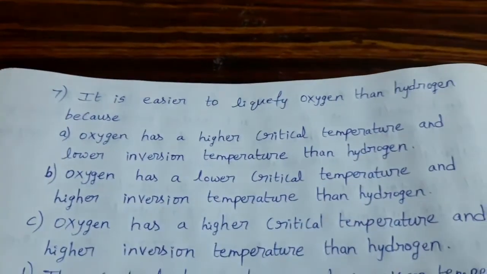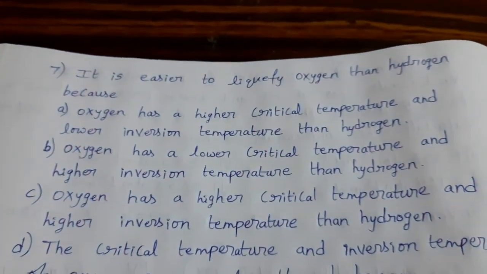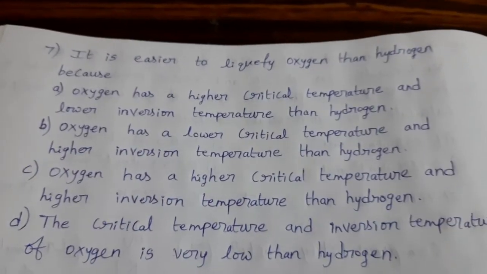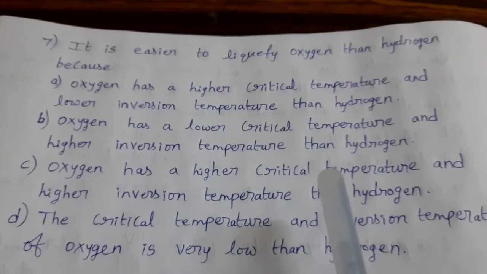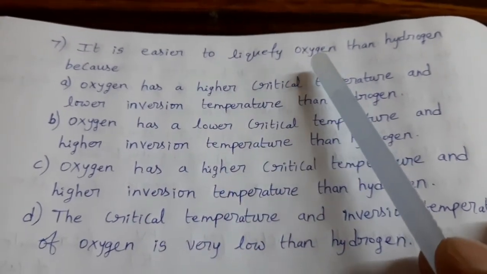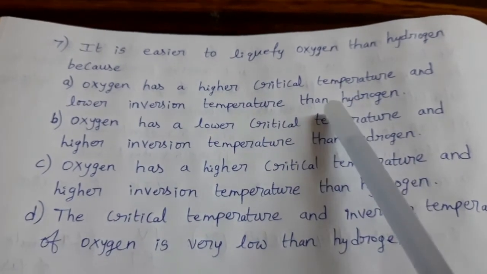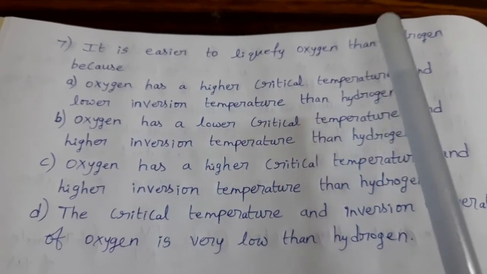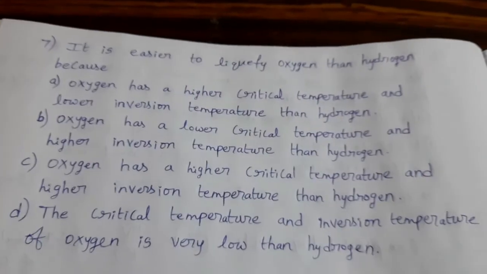Next, it is easier to liquefy oxygen than hydrogen because it is related to inversion temperature and critical temperature. Already we know that to liquefy a gas, its temperature is to be below critical temperature.